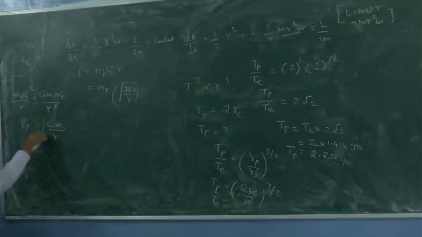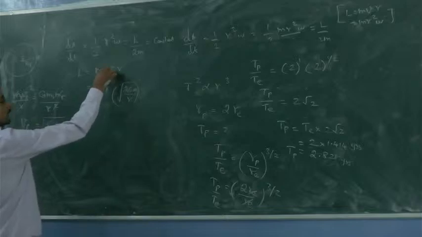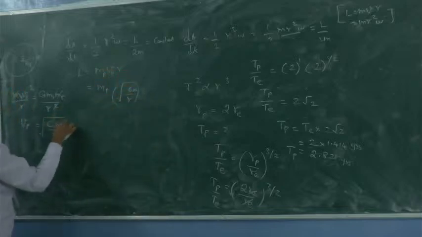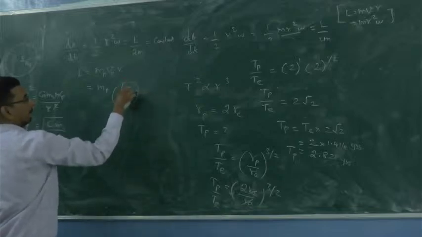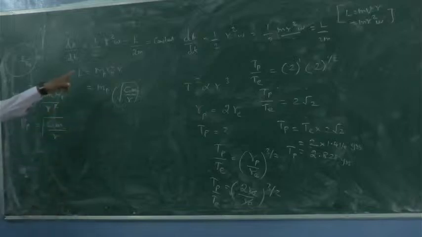After taking square root on both sides, root over G Ms by r. Now substitute the velocity of the planet formula. Then what comes? G, mass of the sun and r value. Okay? I have replaced the velocity of the planet with this equation.